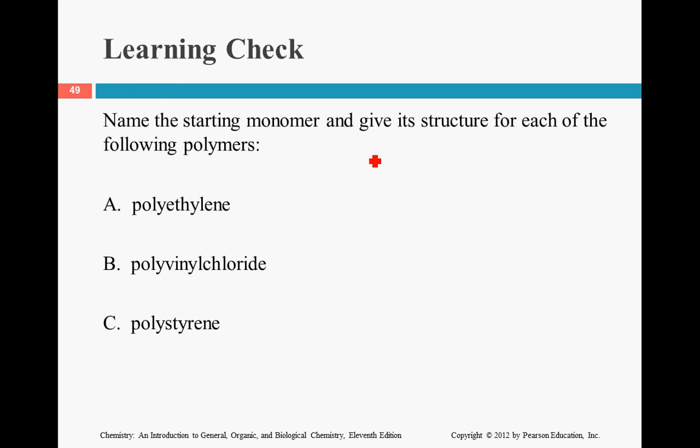So, if we're looking at the starting materials for these, polyethylene, if we take away poly, that means we're left over with ethylene. And that would be our repeating part.